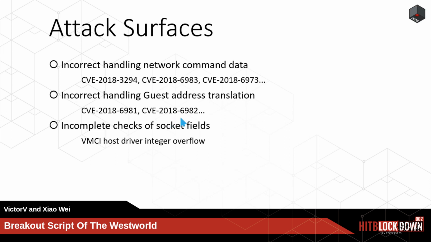Obviously, there are 3 attack surfaces in a virtual network device. First, if a virtual network device handles guest command data incorrectly, it will cause a problem. The case of escaping from Workstation belongs to this. Secondly, if a virtual network device handles a guest physical memory address incorrectly, it may also cause a problem.